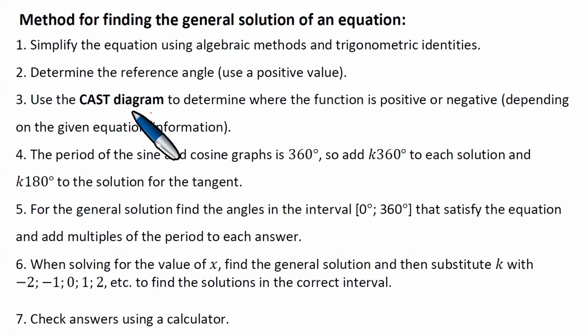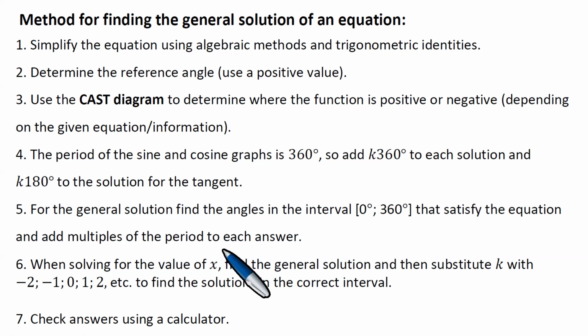Use the CAST diagram to determine whether the function is positive or negative depending on the given information. The period of the sine and cosine graphs is 360 degrees, so add k times 360 degrees to each solution, and k times 180 degrees to the solution for the tangent.